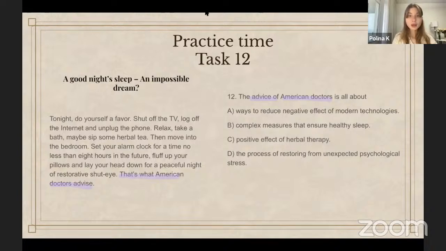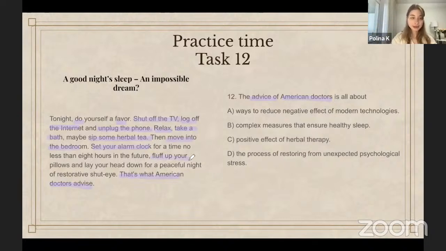So I hope you've been able to look through this passage. Let's try and see. Okay, do yourself a favor: shut off the TV, log off the internet, unplug the phone, relax, take a bath, sip some herbal tea, move into the bedroom, set your alarm clock. A lot of different pieces of advice, right?